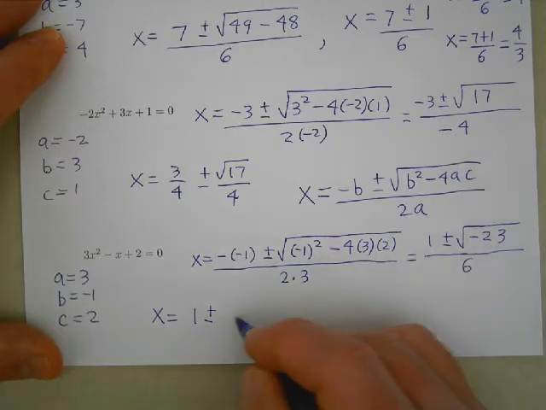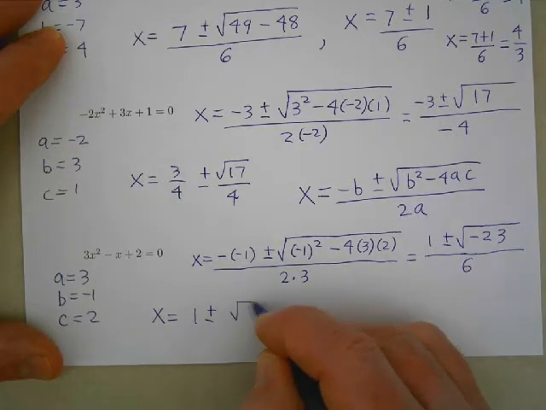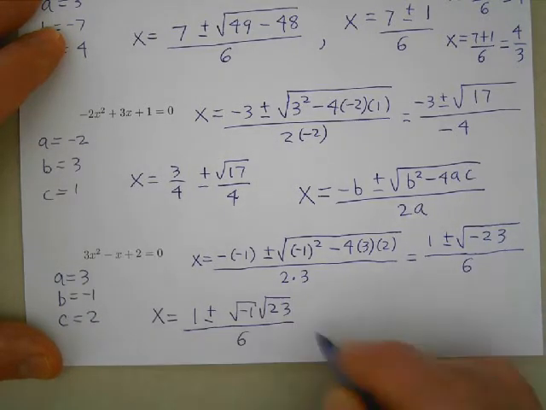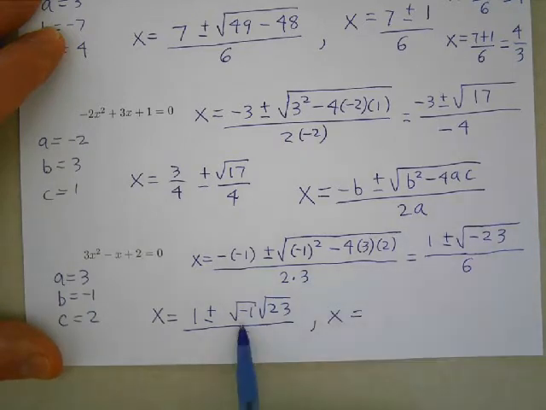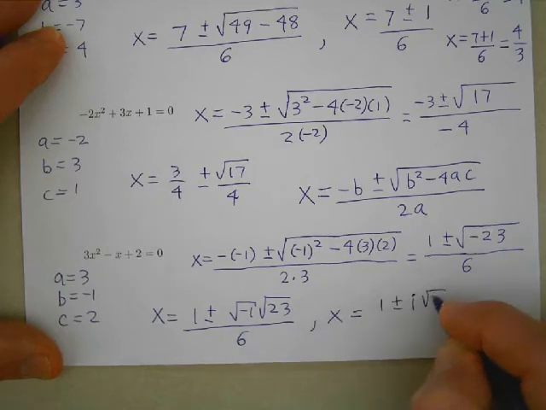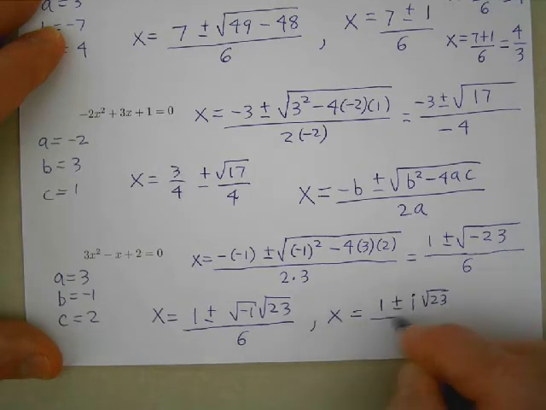Think of that as the square root of negative 1 times the square root of 23, all divided by 6. And then we replace the square root of negative 1 with i. So our solutions are 1 plus and minus i times the square root of 23, all divided by 6.